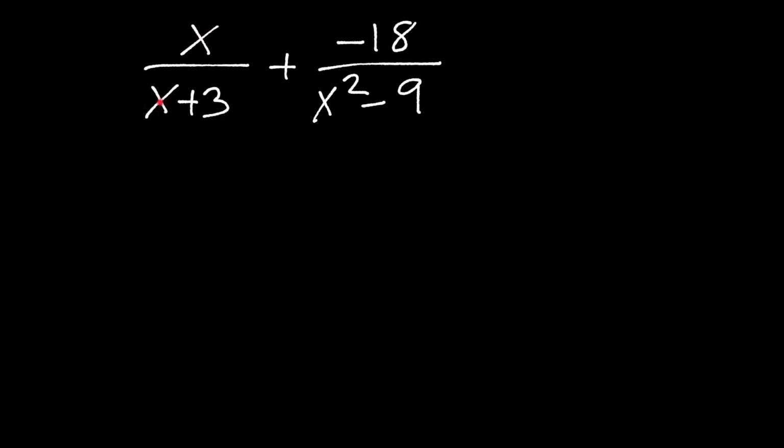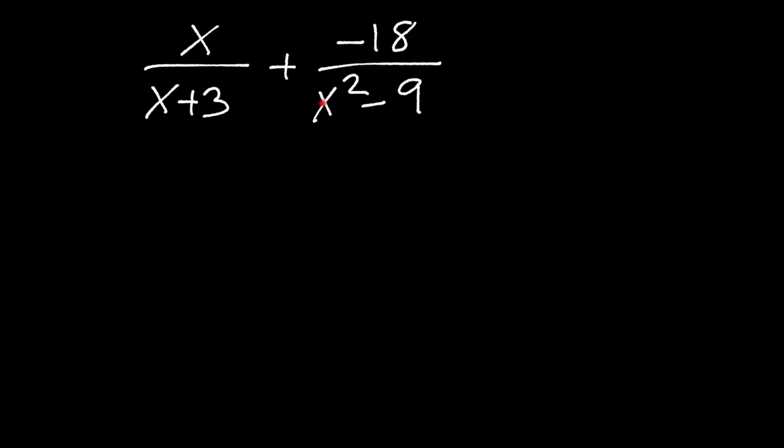You just can't. So what we're going to do here to start off with is, this side looks pretty good, can't factor anything out. The top looks good. But this x squared minus 9, hopefully we recognize that this is a difference of squares situation, and I can factor this.